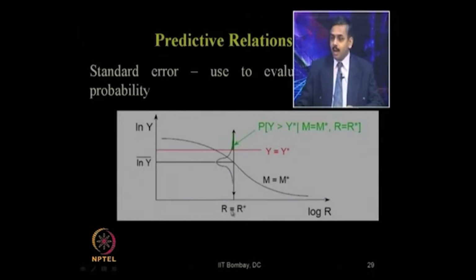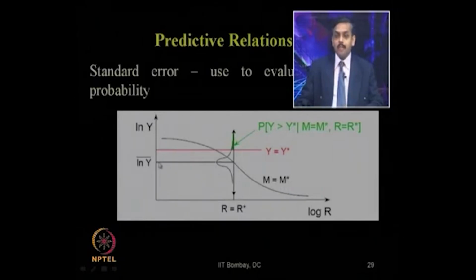So, what does it mean? If the probability distribution is something like this with a mean value of ln y bar like this, because we know this peak is nothing but mean value of the probability distribution, right. So, probability of occurrence of greater than that y star.